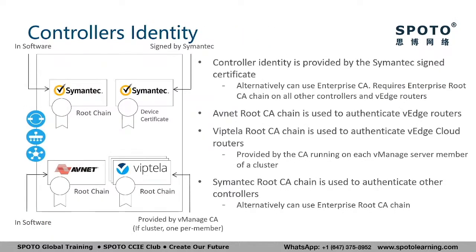The controller's identity is more complicated. By default, it has three types: semantic, AVNet, and vPTELA. Long story short, when vEdge routers are to be onboarded, it uses AVNet as the root CA.